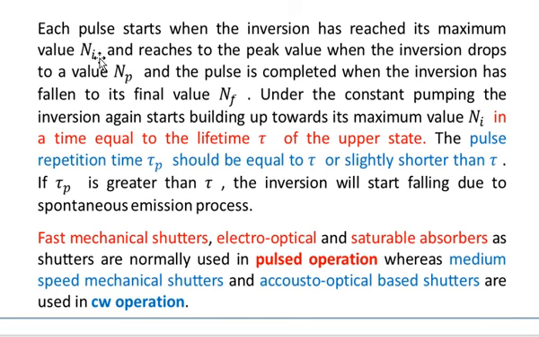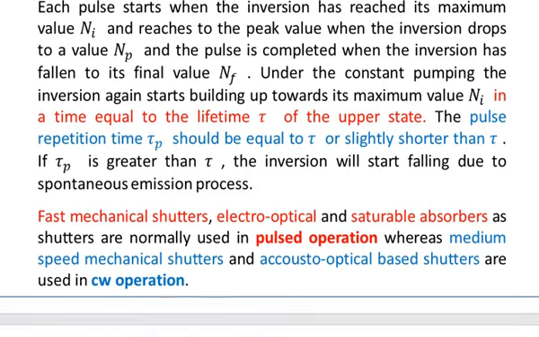The number of photons in the cavity reaches its peak value when the population inversion falls to Np, because Np corresponds to the inversion value at the peak of the photon pulse, and the pulse is completed when the inversion has fallen to its final value Nf. So let me explain that through the figure.